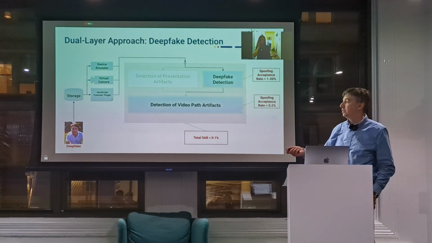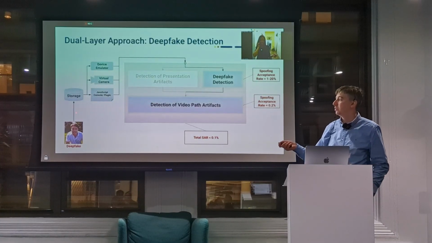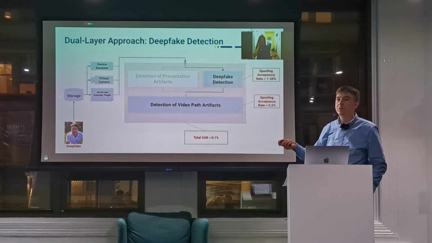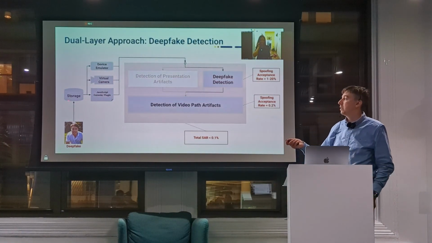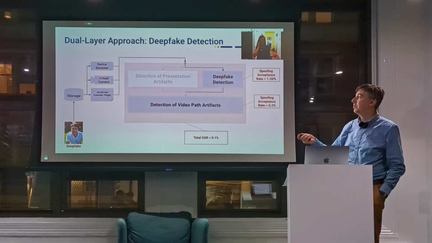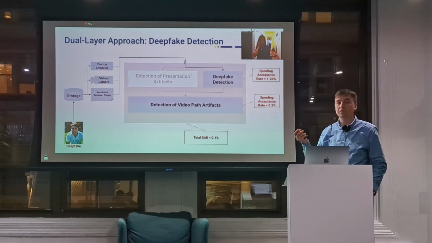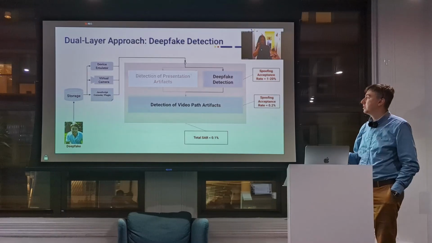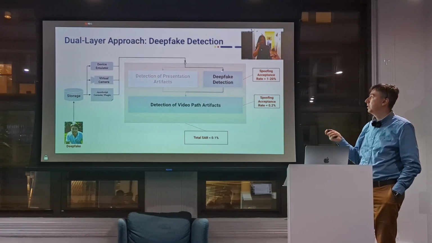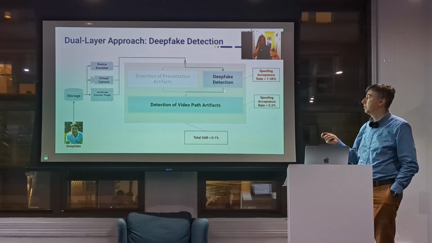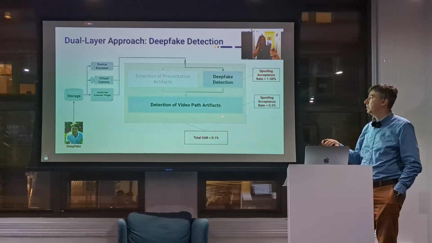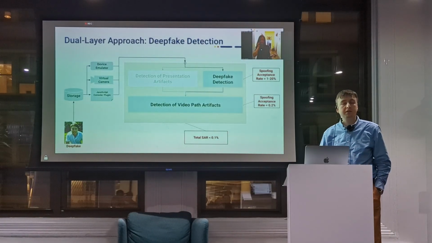And a deepfake actually travels a lot in the operating system. Optionally, it could be stored on a drive and then extracted from the drive through a virtual camera and presented to the system by the fraudster. In this case, we can apply regular deepfake detection as a first layer and detection of video path artifacts as a second layer.